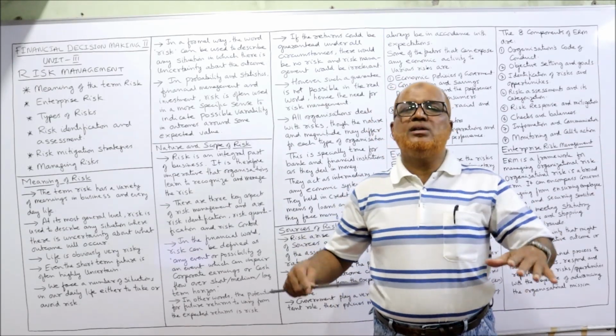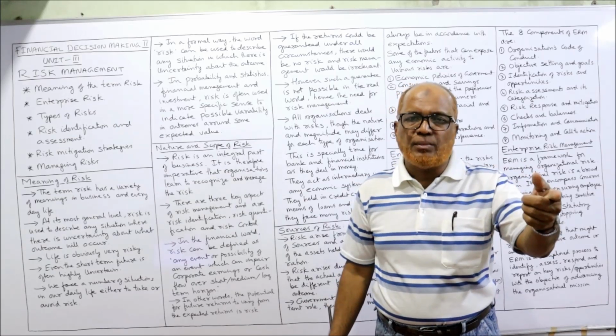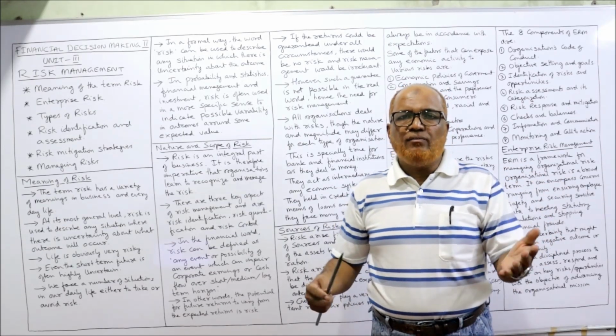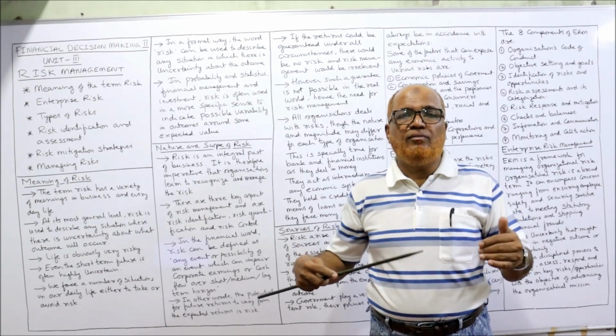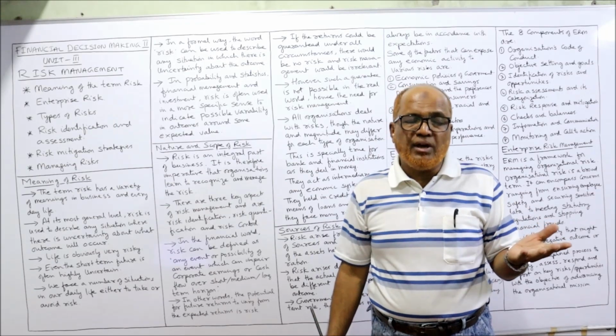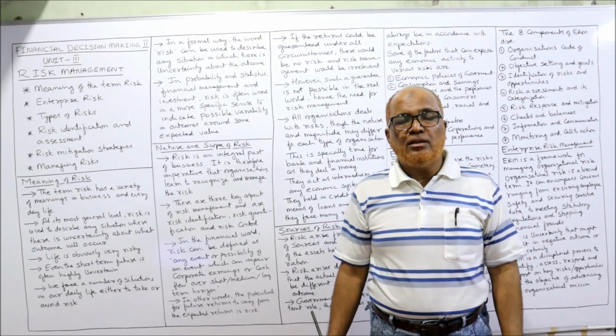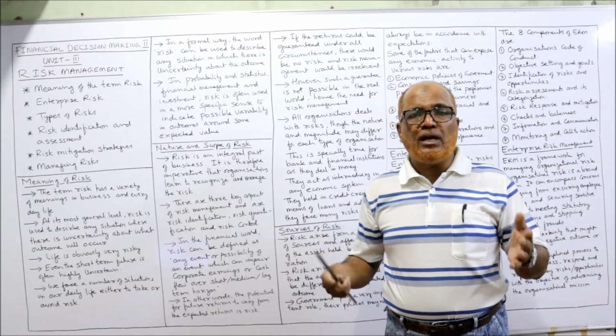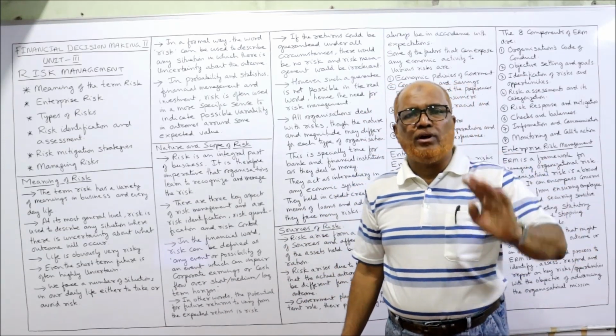Now I have to decide whether to invest the 50,000 in the company or not. If I invest, I may get the dividend, I may get the return, but the return is not sure. We may get a return or we may not. That means I'm taking the risk.